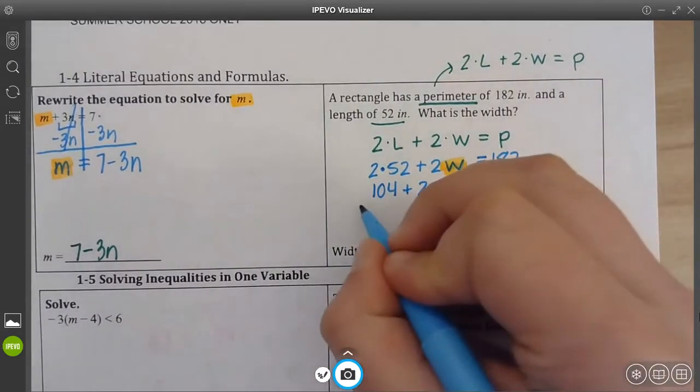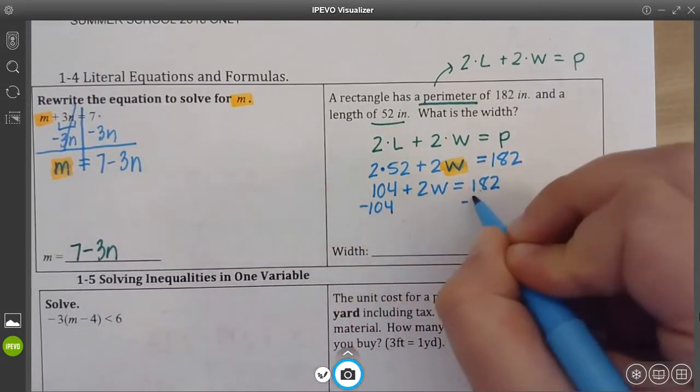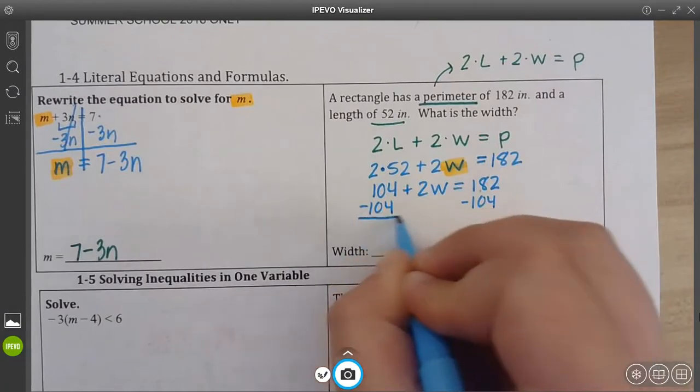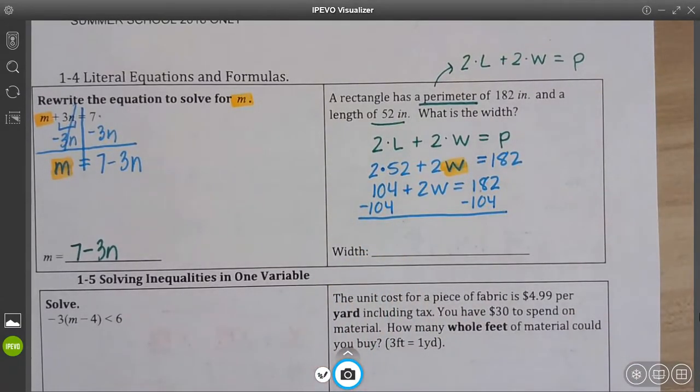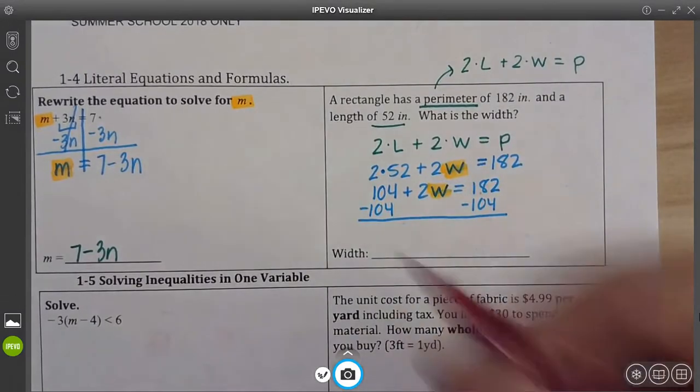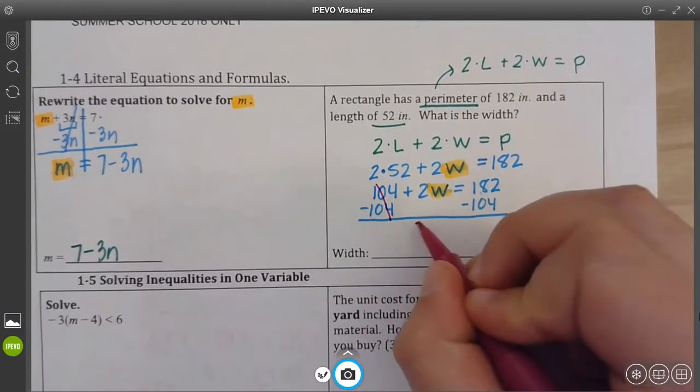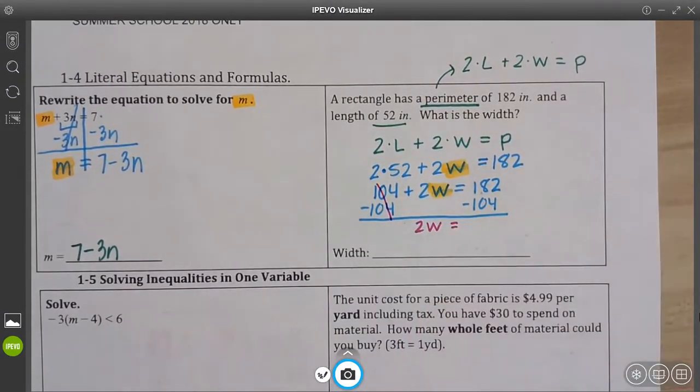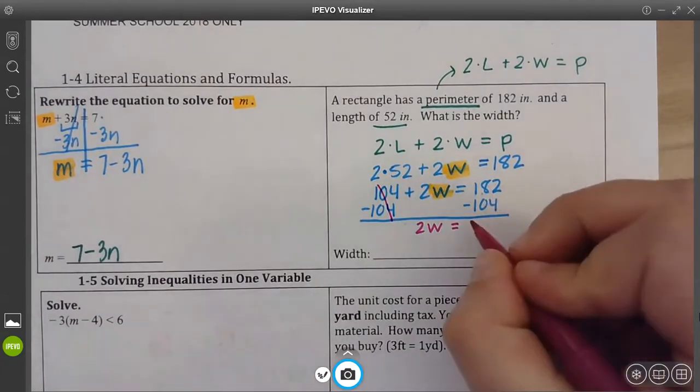I'm going to subtract 104 from both sides because I'm trying to get w all by itself. When I do that subtraction, I'm left with 2w equals 182 minus 104 is 78.